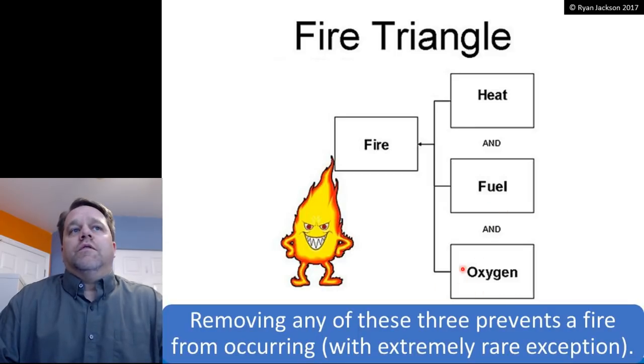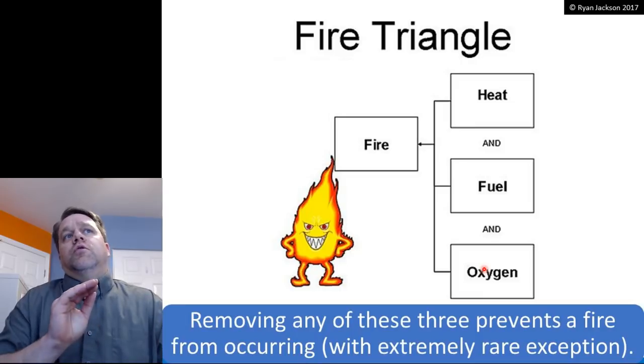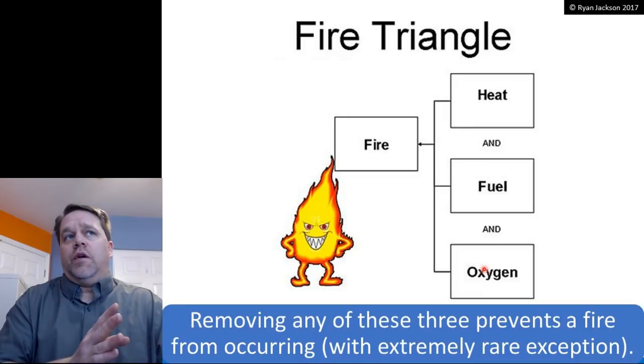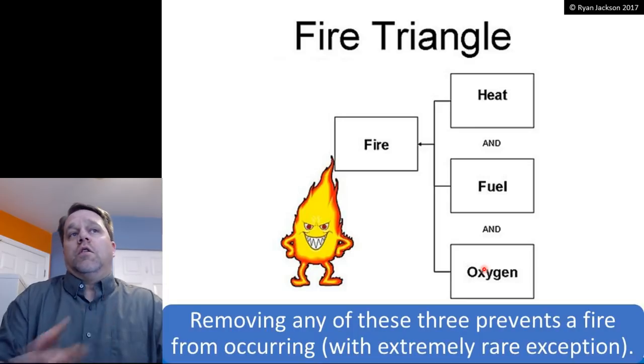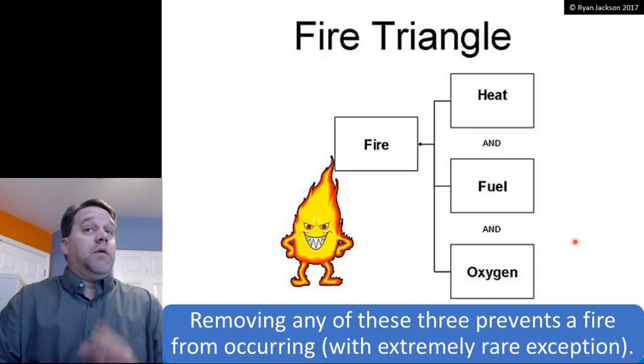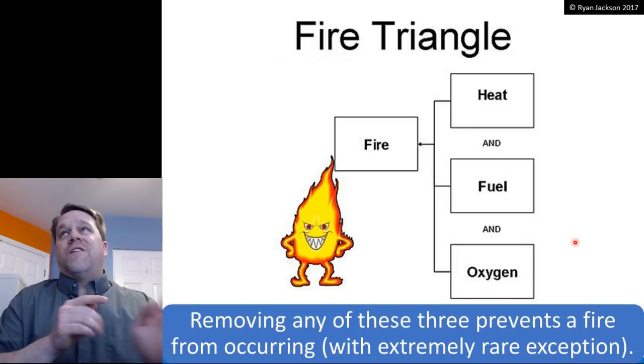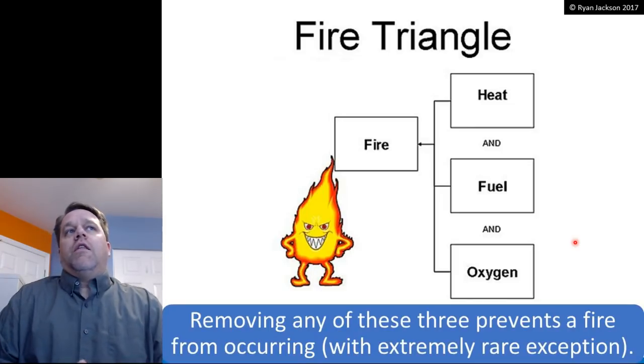Or if I remove the oxygen. The code provides ways to remove any of those three components and create a safe environment. And that's really what Article 500, and to be more specific, Articles 501 through 516, really tell us how to do, how to remove one of those three facets and remove the risk.